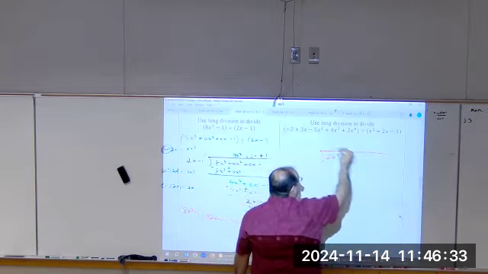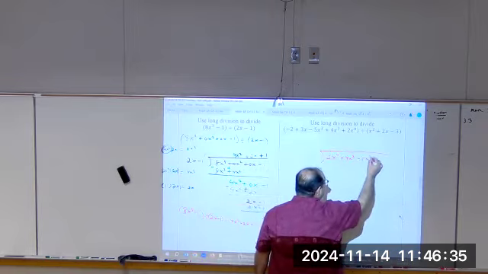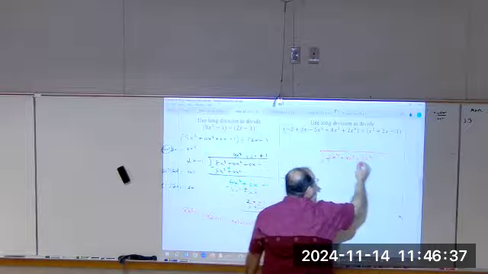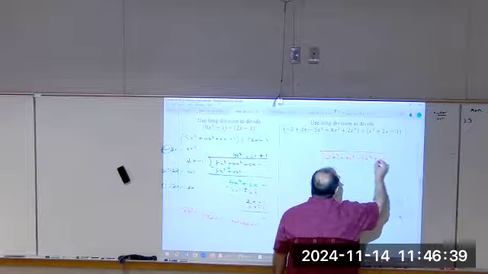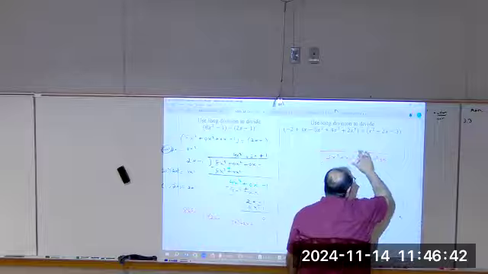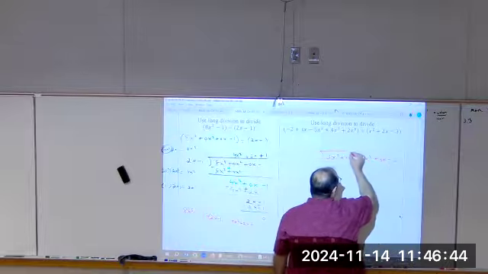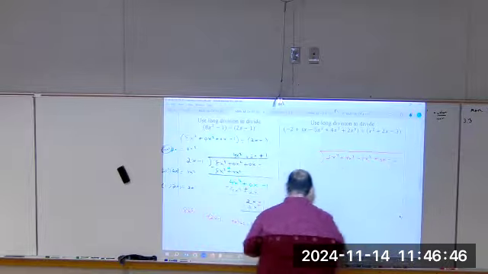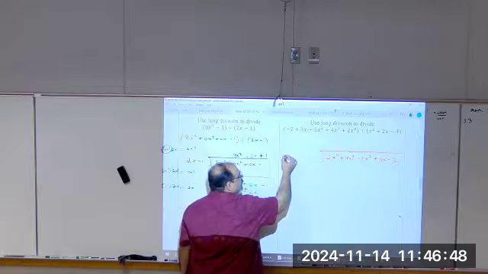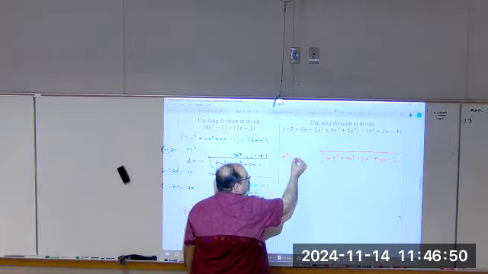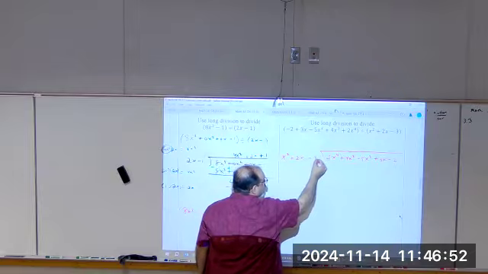Then my negative 5x squared, signs matter, positive 3x, and then negative 2. And dividing into that, the divisor is an x squared plus 2x and a minus 3.